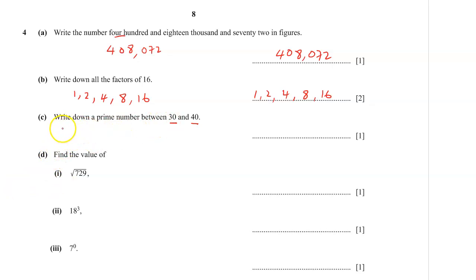Therefore, if you write the numbers between, 31, 32, 33, 34, 35, 36, 37, 38, 39, this number can be divided by 4. 4 times 8 gives you 32. 11 times 3 gives you 33. So this is not a prime number.